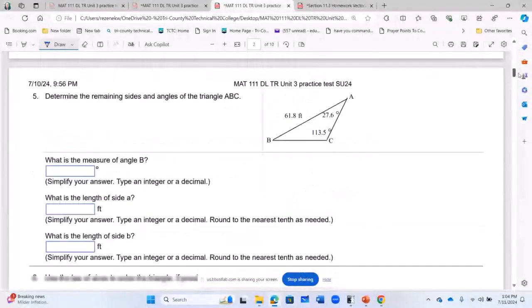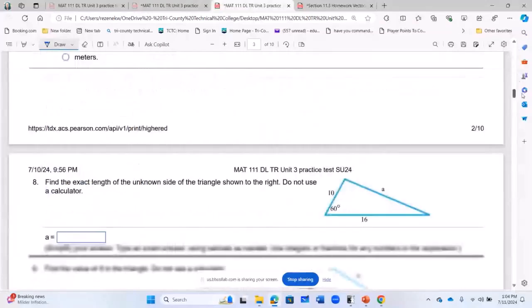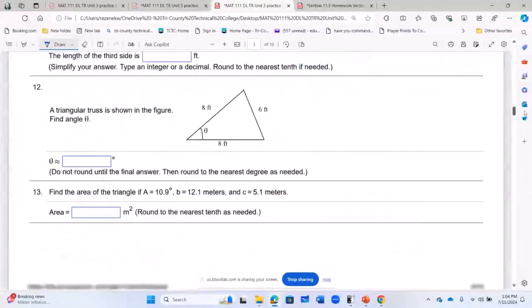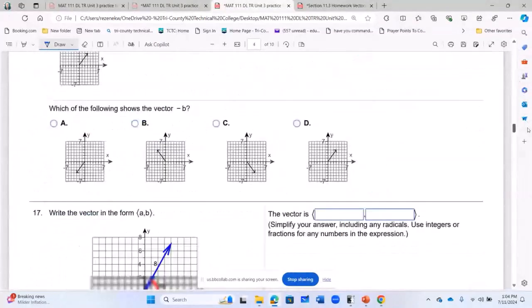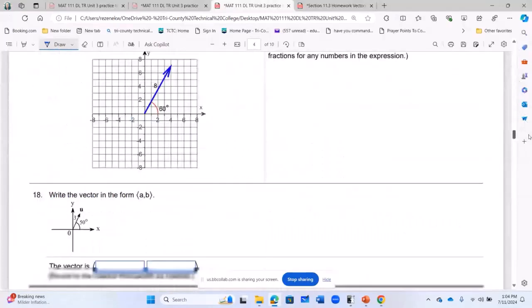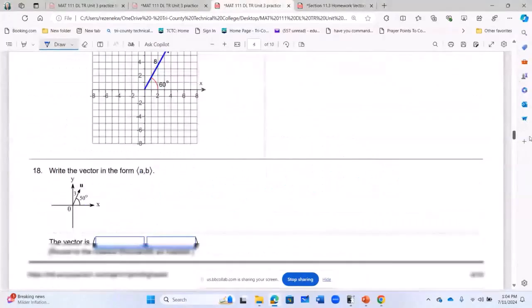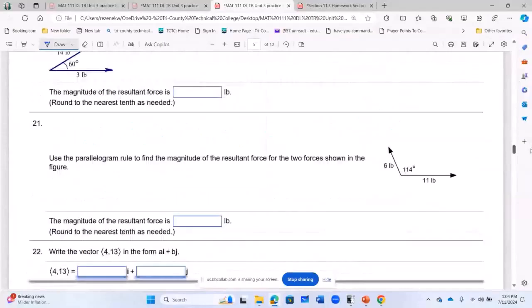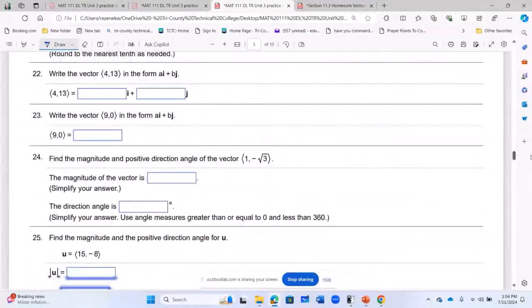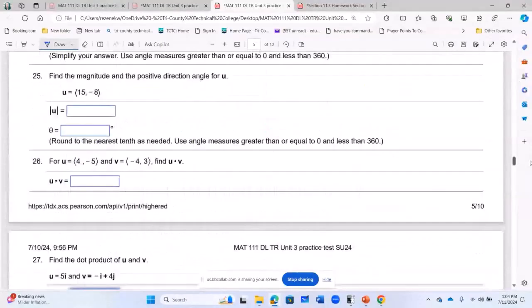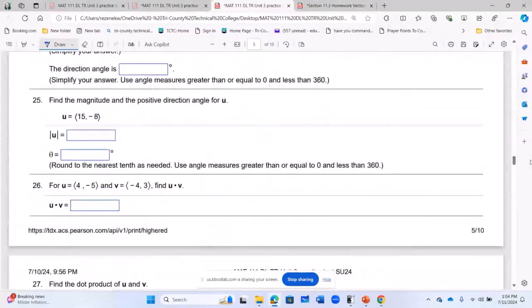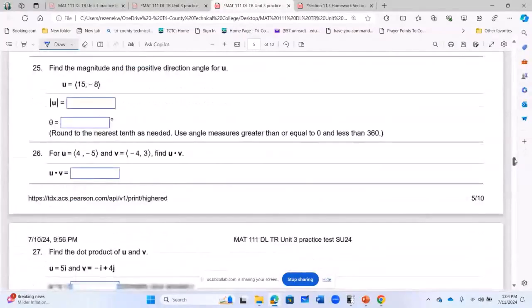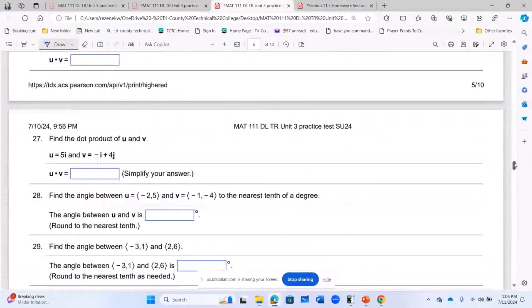So now we are working on vectors today. So looking for angle between two vectors. Okay. I'm looking for angle between two vectors.